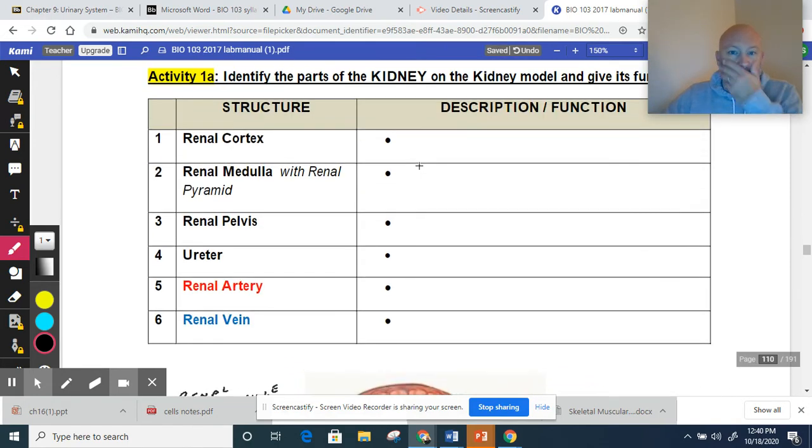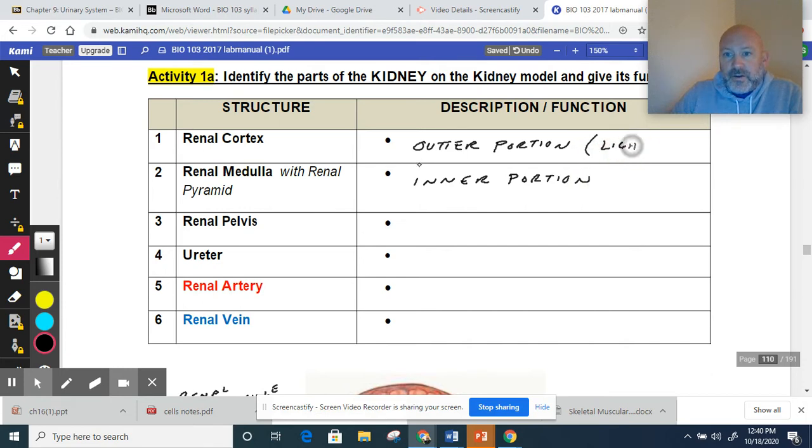So if we were to describe each of these, the renal medulla with the renal pyramids, the renal cortex, this is the outer edge, the outer portion. This is the inner portion. If we look at these, this appears lighter. This appears darker.